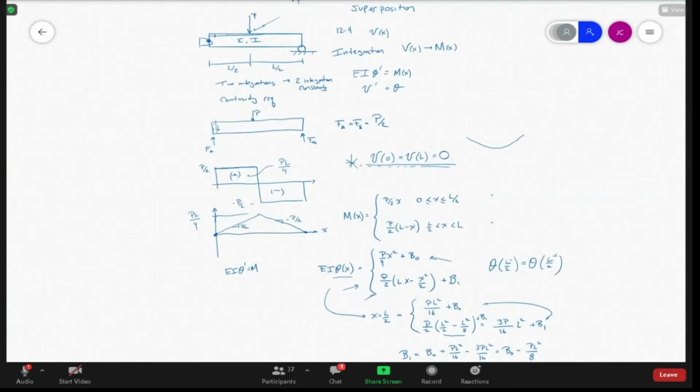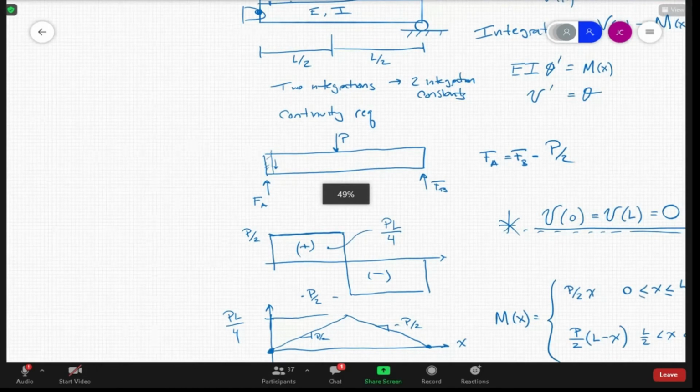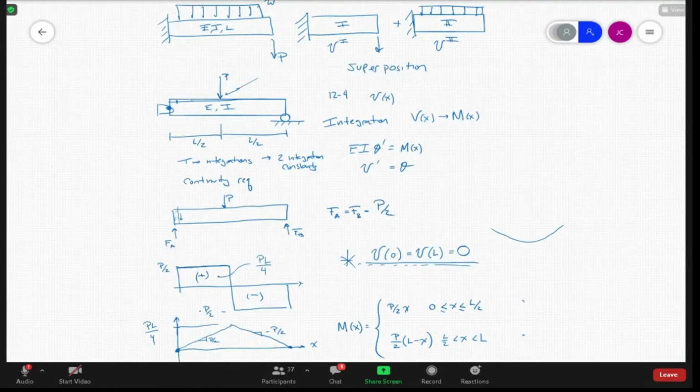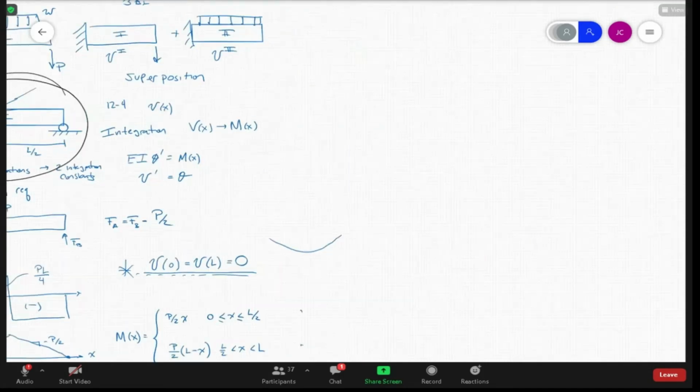Let's say you're not a big fan of the integration. You don't like integration. I don't blame you. Algebraically, it's kind of a pain in the butt. I don't mind the integration, but I hate doing all the algebra of the integration constants, right? You could do this problem as well. It's not statically indeterminate exactly, but you could use the same approach we did for statically indeterminate. And that's actually, in a lot of cases, easier.